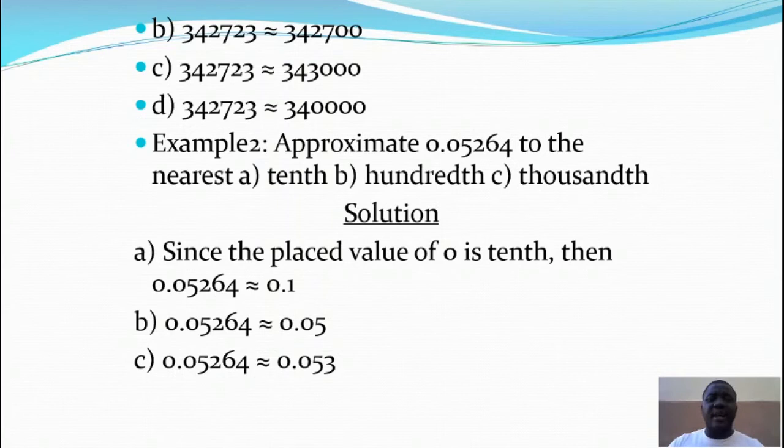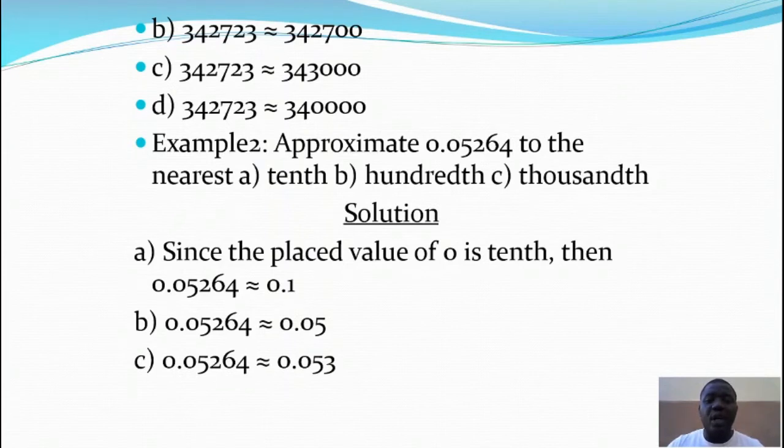So let's look at example 2. Example 2, we are talking about the approximation by place value. So you look at this example that said you should approximate 0.05264 to the nearest A, 10th, B, 100th, and C, thousandths. So the next thing you look at is the place value of 10th.